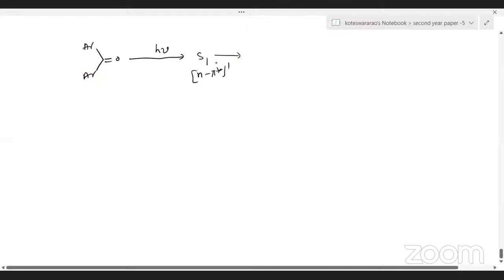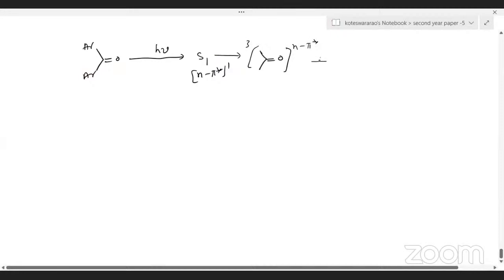Now this leads to the generation of the aromatic ketone, benzophenone, triplet state, that is the n-pi star triplet state.